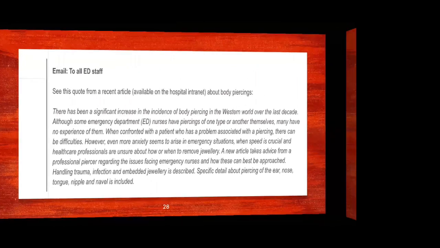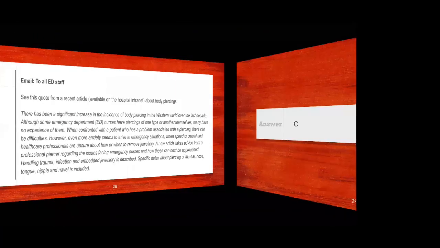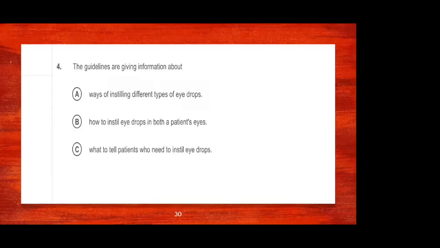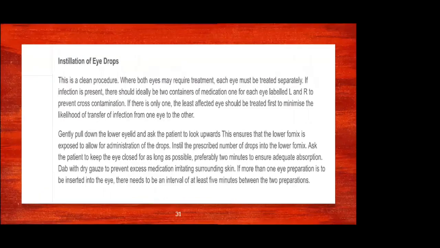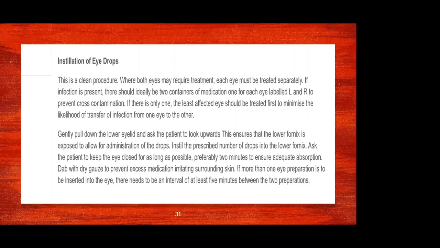Okay, the guidelines are giving information about instillation of eye drops. This is a clean procedure. Where both eyes may require treatment, each eye must be treated separately. If infection is present, there should ideally be two containers of medication, one for each eye, labeled L or R, that is left or right, to prevent cross contamination.